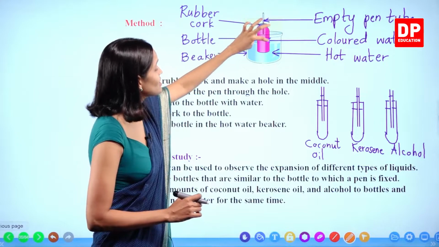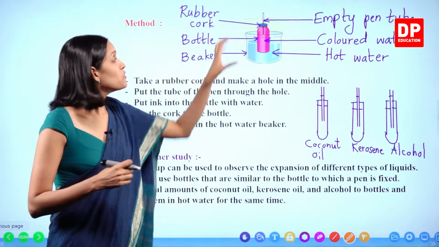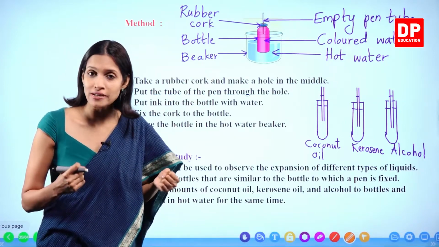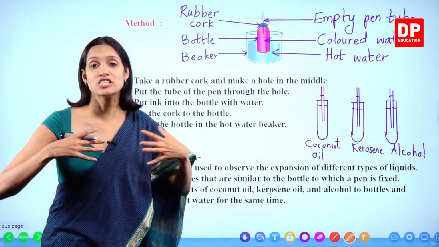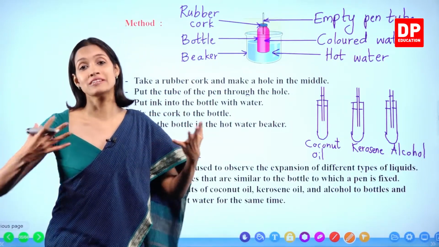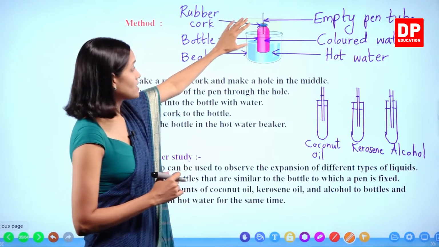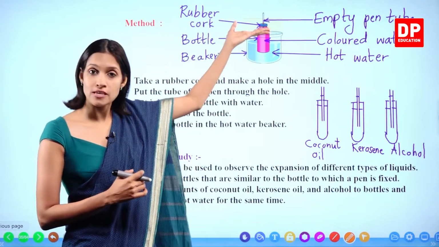When we immerse it in hot water, that colored water absorbs heat. When the liquids absorb heat, what happens? Just as solids, they expand. Right? So in a liquid, what happens? The volume increases. Understand? So when the volume increases, what happens? It needs more space.